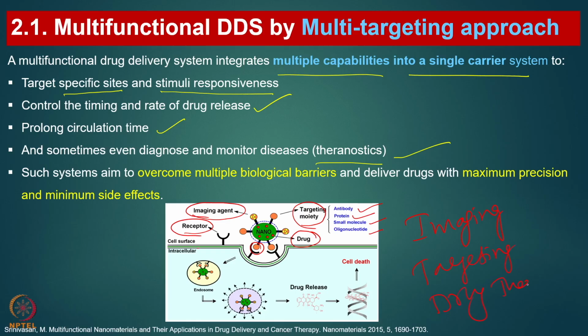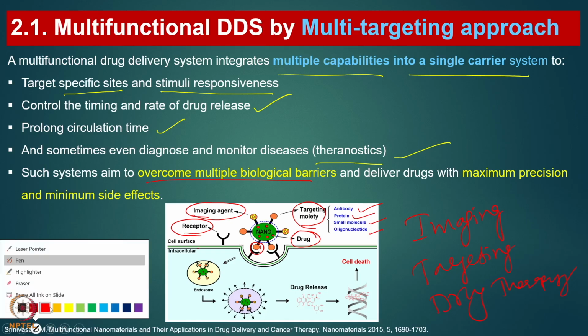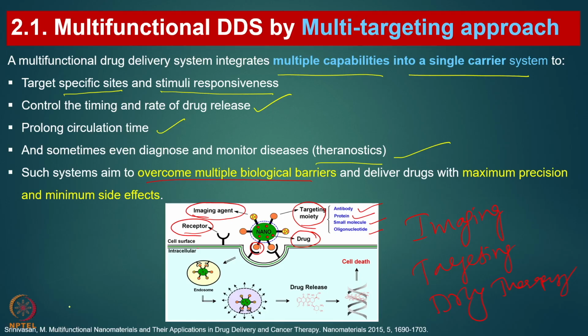So, all this is possible with one system. That is the multifunctional system. With that you can overcome all types of biological barriers which are in the body and at the target site. So, with that you can reduce the toxicity and improve the efficacy of the molecules.